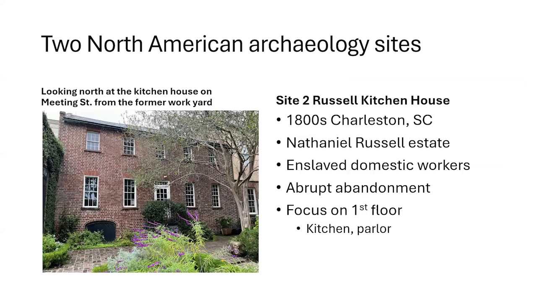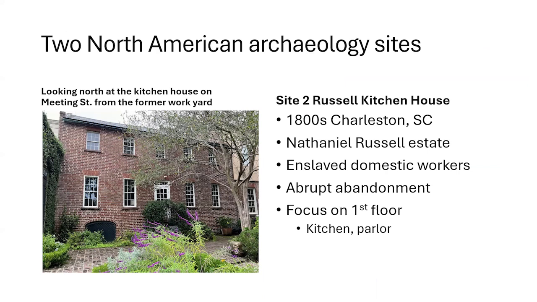The other site that we're going to be talking about today is the Nathaniel Russell Estate Kitchen House in Charleston, South Carolina. The kitchen house was a domestic residence for enslaved individuals prior to the ending of chattel slavery here in the United States.